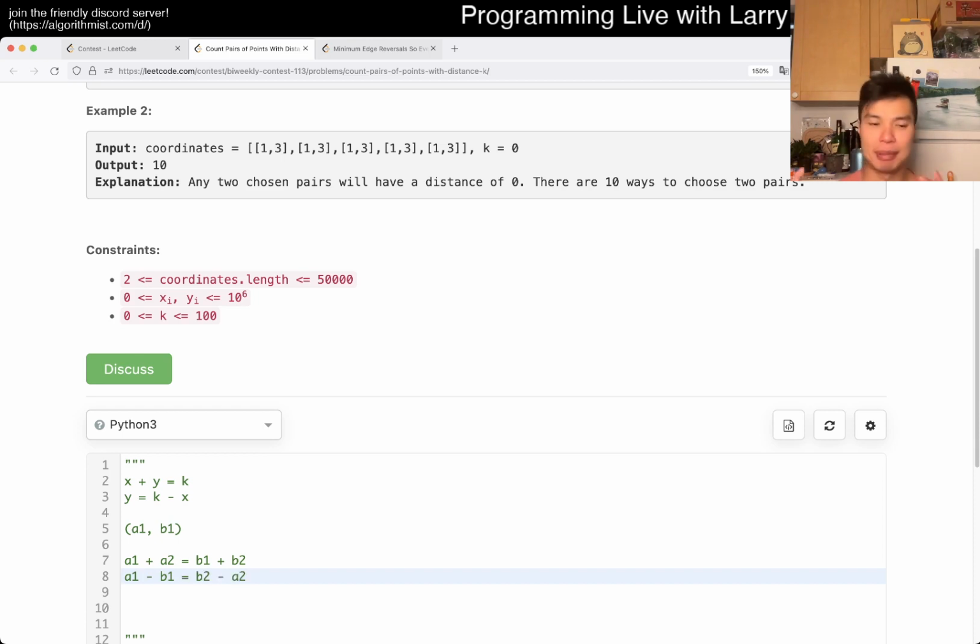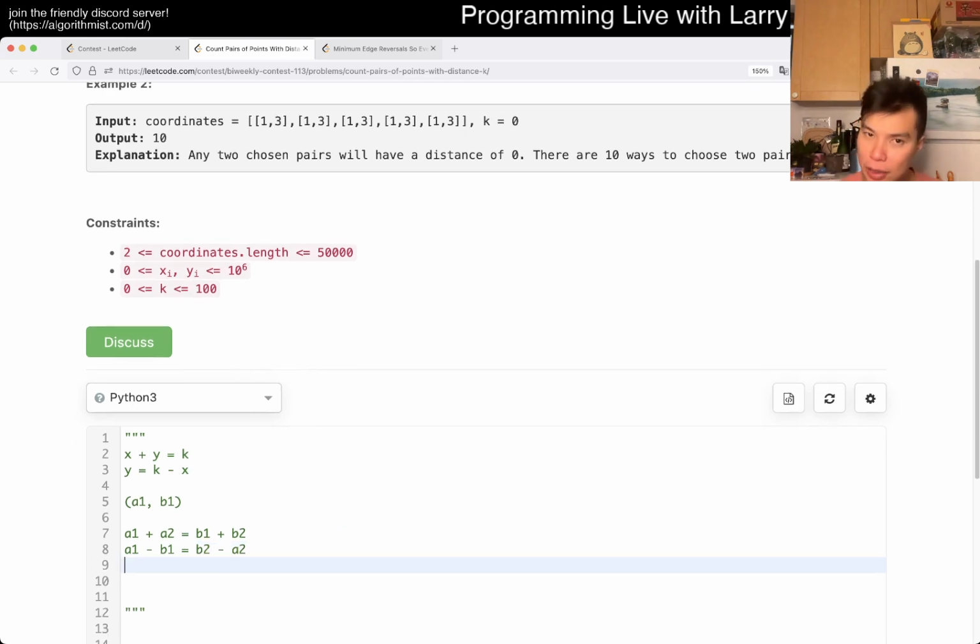This is a little bit yucky, but something like this, and now you're just reducing this to k is equal to 0, and then you do some lookup table magic, like we said.